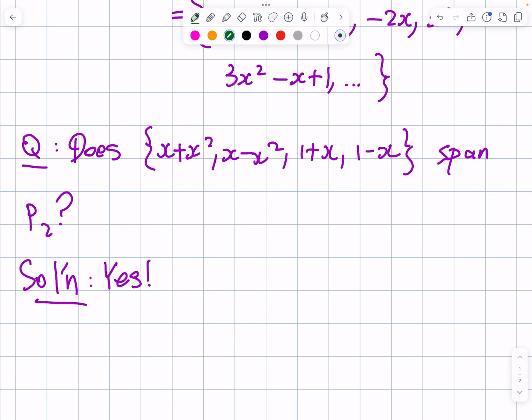So take a general element in P2. A general element has the form ax squared plus bx plus c.